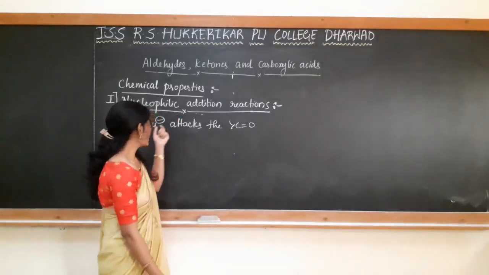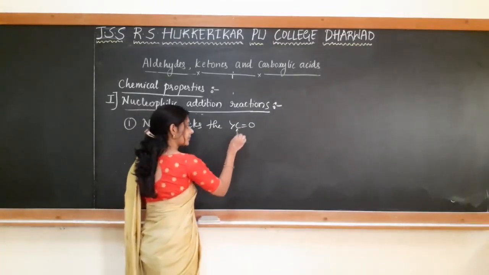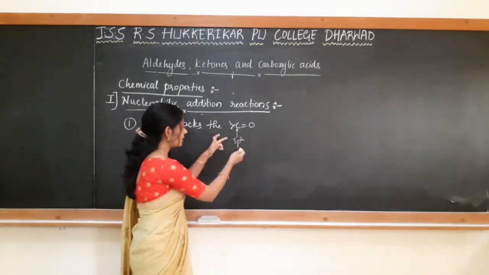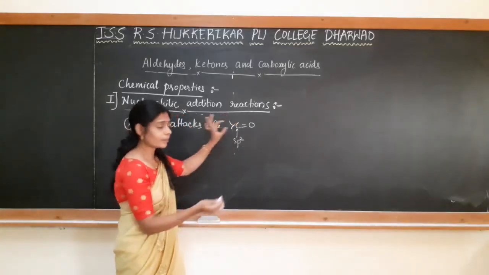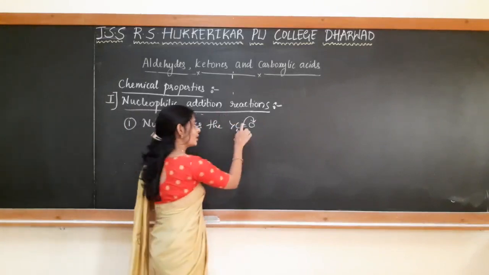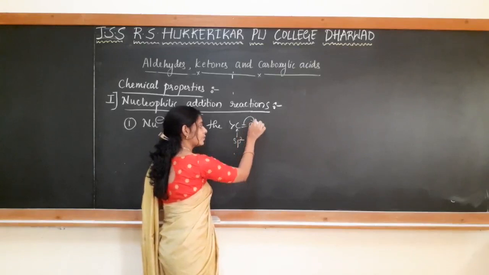When that carbonyl carbon is attacked by the nucleophile, initially the hybridization state of carbonyl carbon is sp2. When the nucleophile attacks, another bond is formed because there is a complete transfer of electrons from this pi bond. The complete transfer of pi electrons takes place towards oxygen.